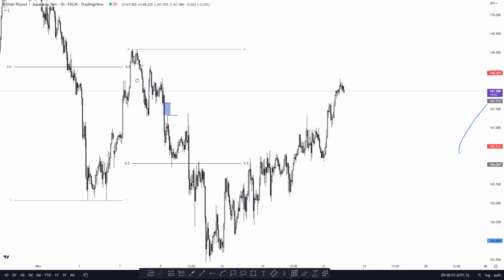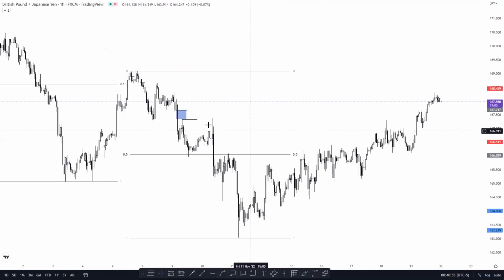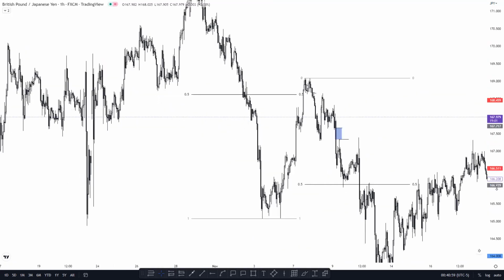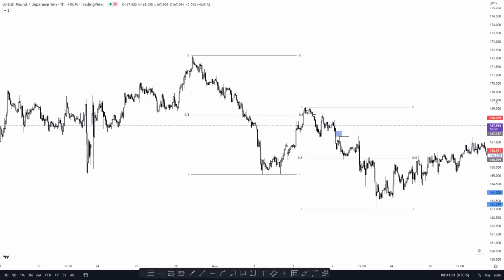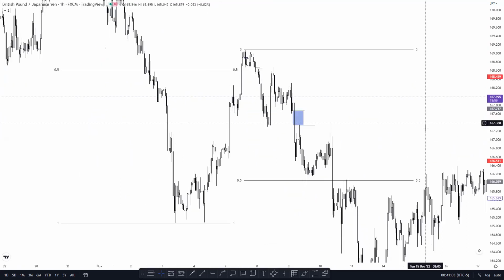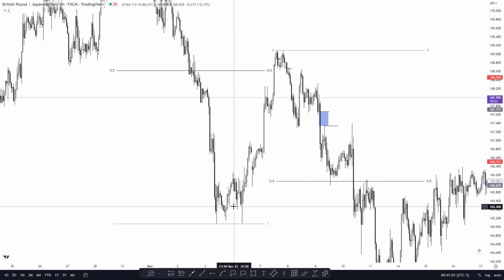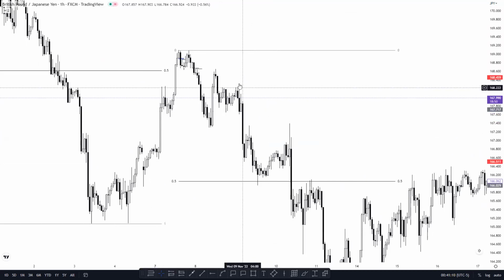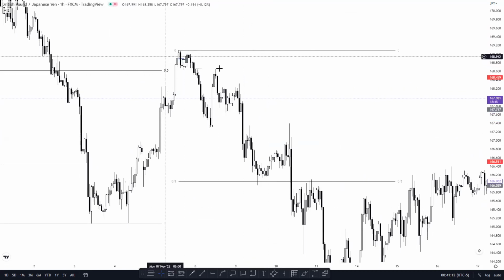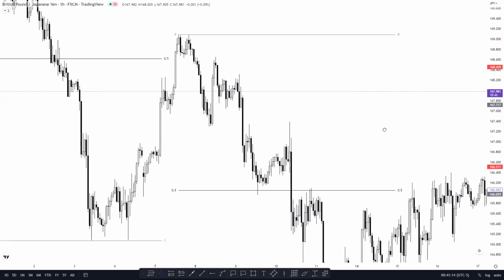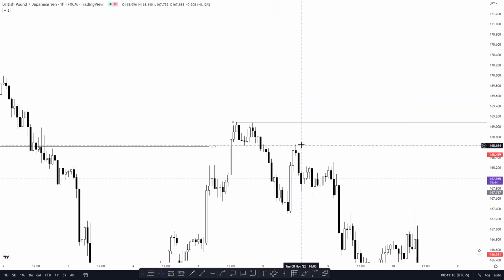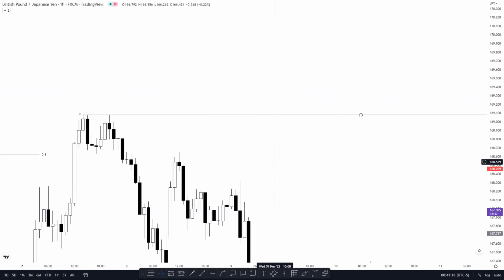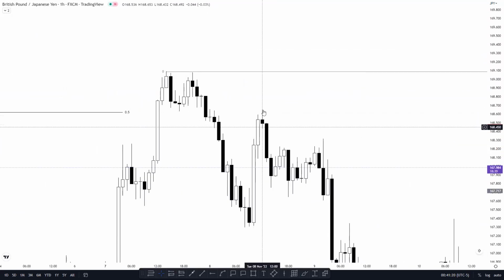So that is what I wanna tell you. So in here, we are in premium range. You see, above 50% of the range, and we are completely in a bearish trend, right? So what we will look for in here, you see this candle. This is a doji candle, right?